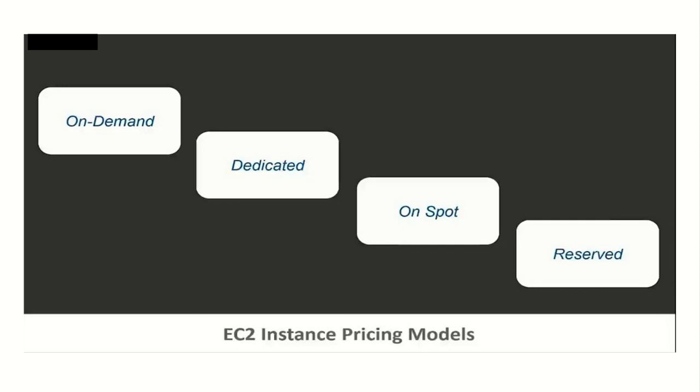If the price goes above 300 rupees, I am not taking it. Similarly, for a particular instance, we can bid and say this is the maximum price that I will pay for this instance. If the instance is available at that price, it is given to us.